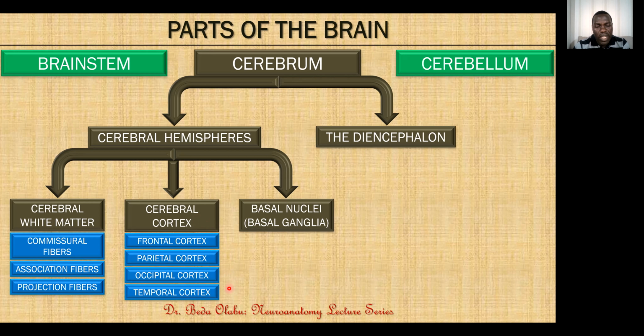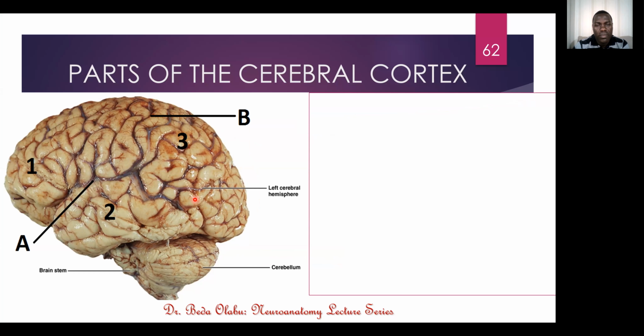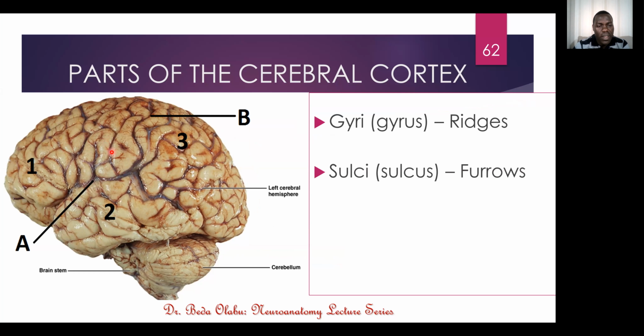Perhaps that's where we left last time, having divided the cerebral cortex into the 4 lobes. And this was it, that the elevations are called gyri, the depressions are called sulci.